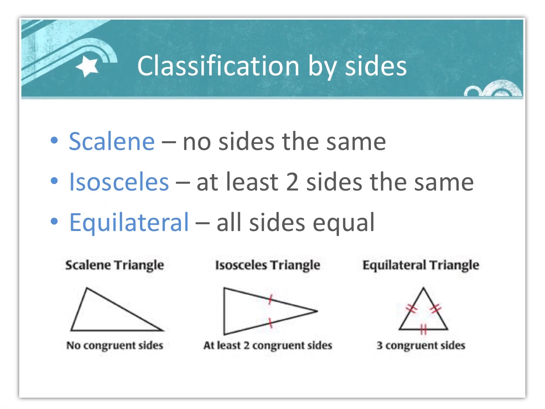Now, a lot of times we ask you to classify the triangle. If I ask you to classify it by sides, I'm talking about side lengths. When a triangle happens to have 3 sides, none of which are the same, so all different side lengths, then it's a scalene triangle.